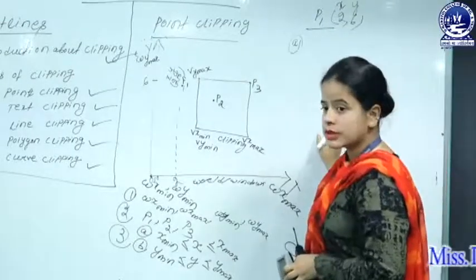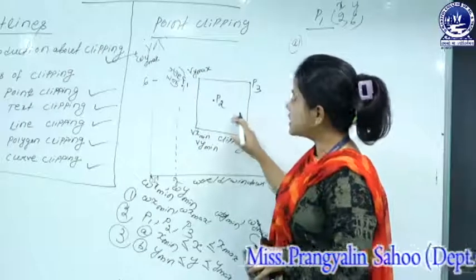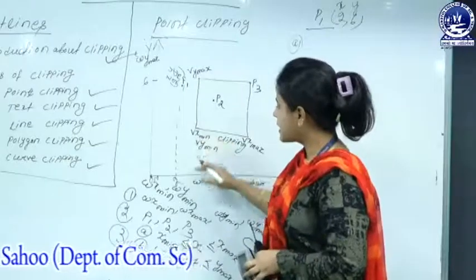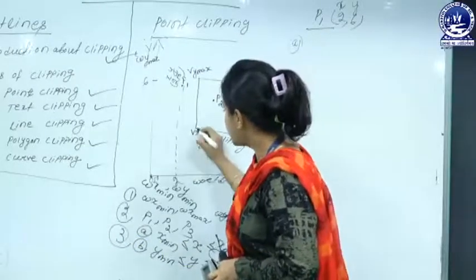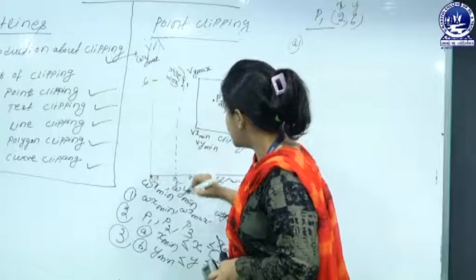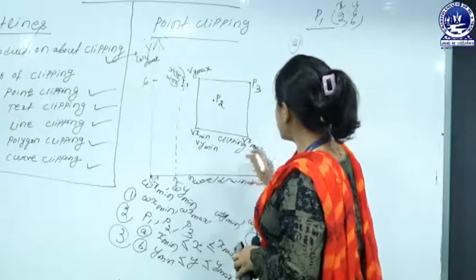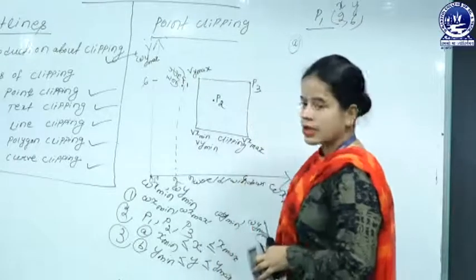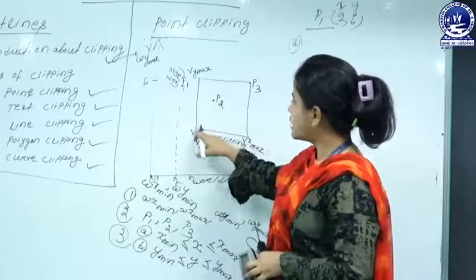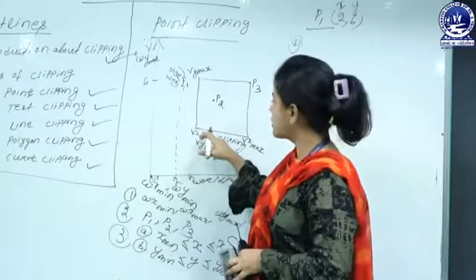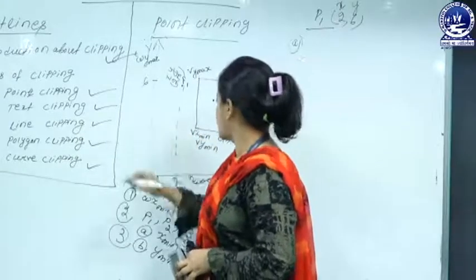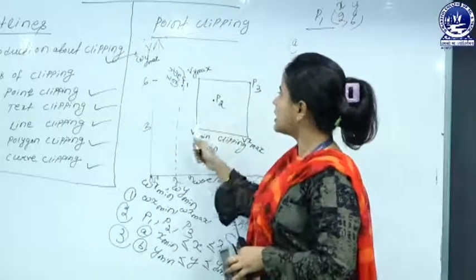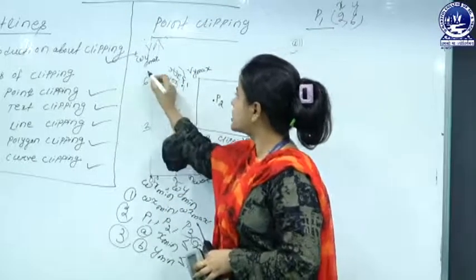But when checking whether that coordinate is present in the view clipping window, suppose the view clipping window starts at x value 3 and ends at x value 6. Similarly, the y coordinate of the view window starts from 3 and ends at the value 7.